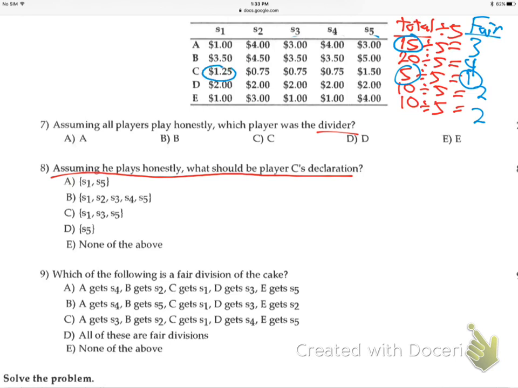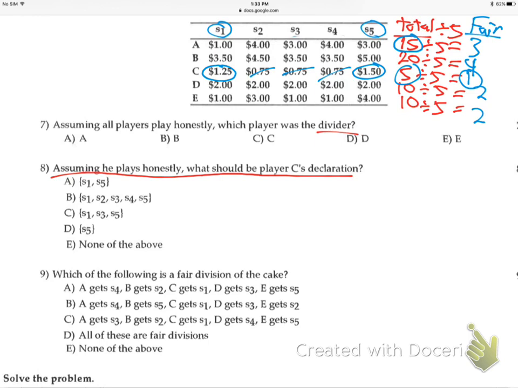So he would think slice 1, $1.25, is fair to player C. Not slice 2 or slice 3. They're worth less than $1, he thinks. Not slice 4, and then slice 5 is worth $1.50. So player C thinks that slice 1 or slice 5 are fair shares in his mind. See how I figured that out? Add them all up, divide by 5, anything $1 or more for player C, he thinks is fair.